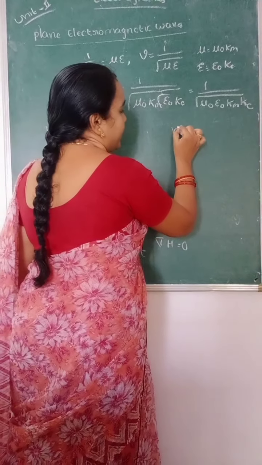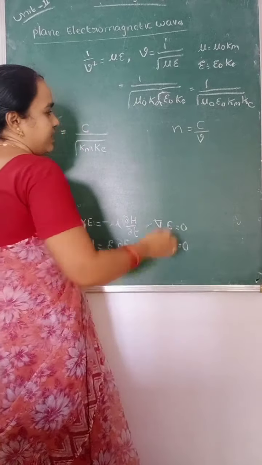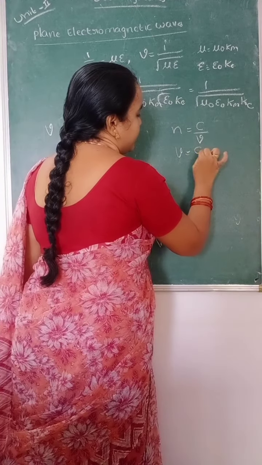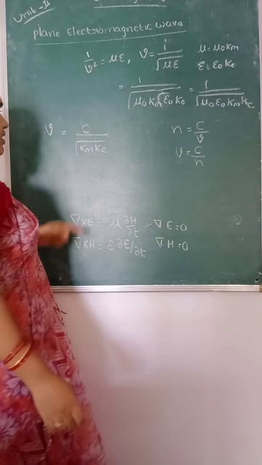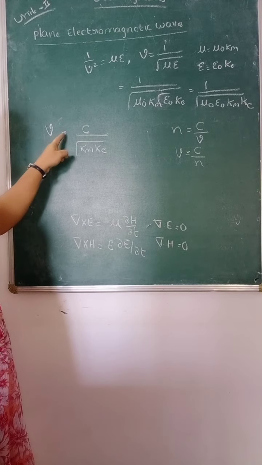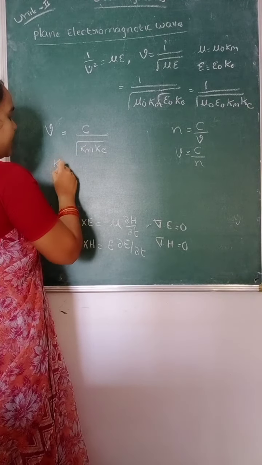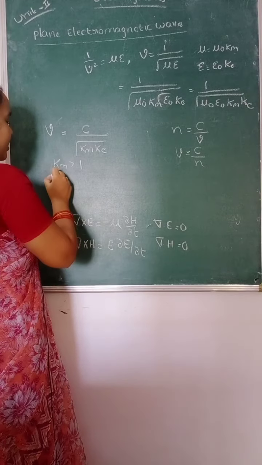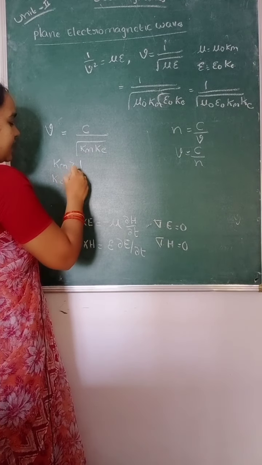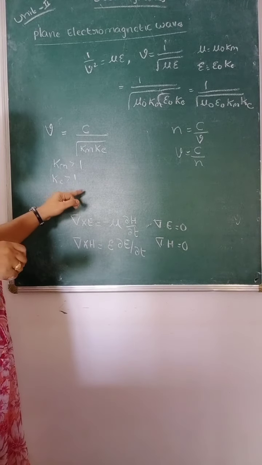The refractive index of any medium is given by n is equal to C by V. So then V is equal to C by n. If you compare these two equations, here V is equal to C by root of Km into Ke. Here Km is the dielectric constant for the magnetic material, which is always greater than 1. Ke is the dielectric constant for the electric material, which is always greater than 1.